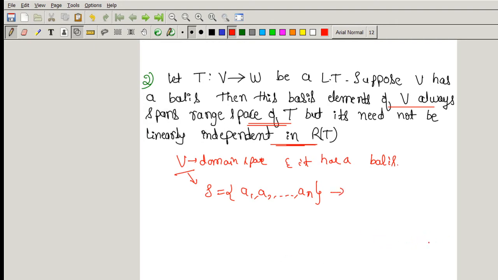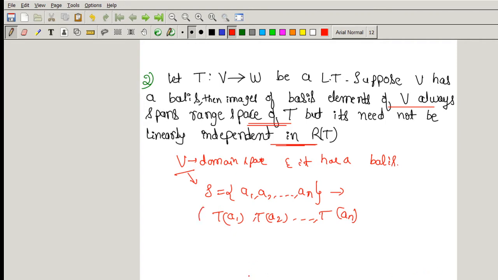Then the images of the basis elements of V always span the range space of T, but they need not be linearly independent. Suppose S is the basis of the domain space, then their images are T of a1, T of a2, so on up to T of an.